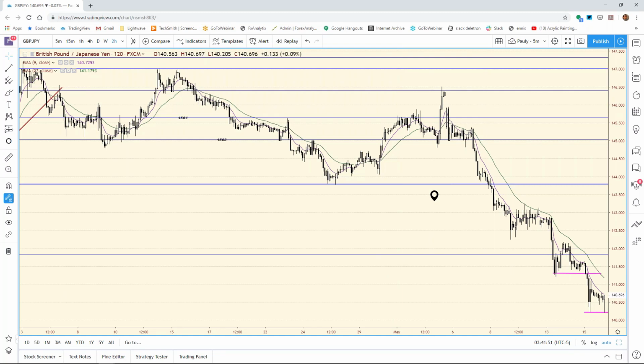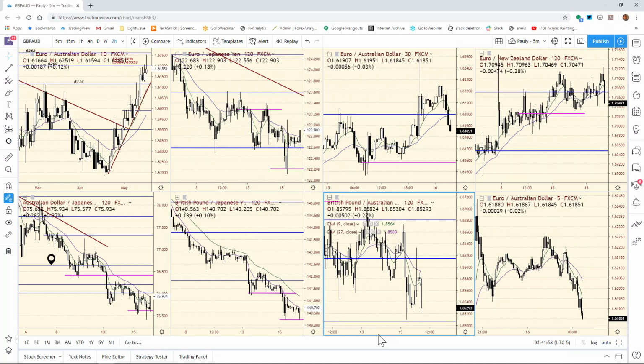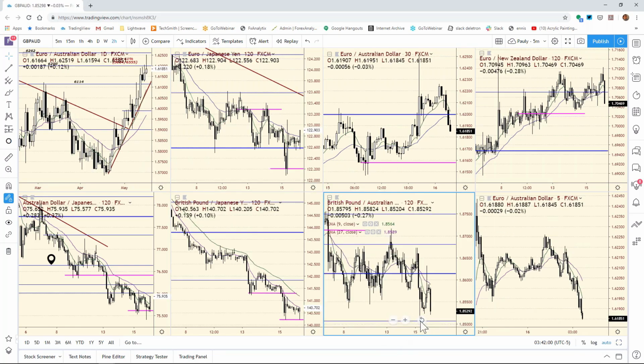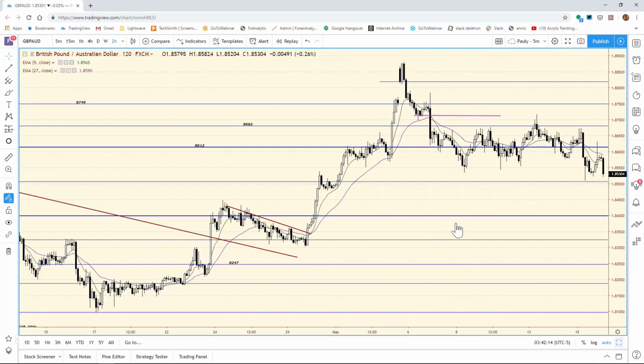And lastly, on to sterling Aussie. And we'll go with this support here. Keep it tight, 84.83.